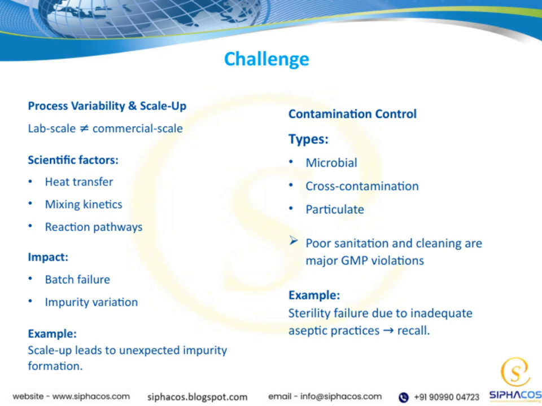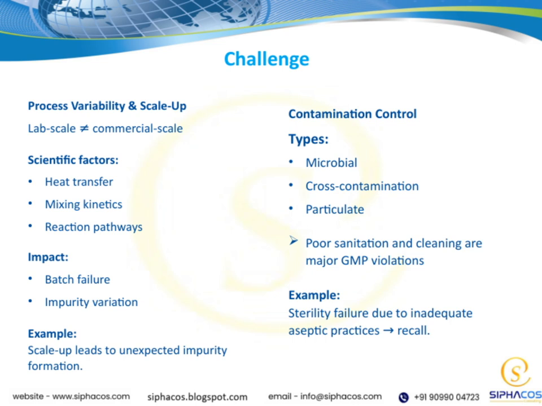These differences can impact the process, leading to batch failures or impurity variations. For instance, during scale-up, unexpected impurity formation might occur, and that can affect product quality and regulatory compliance. Overall, understanding these challenges helps us better control our processes and ensure consistent, safe products as we move from the lab to full production.